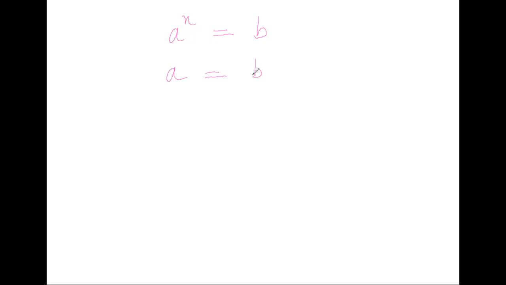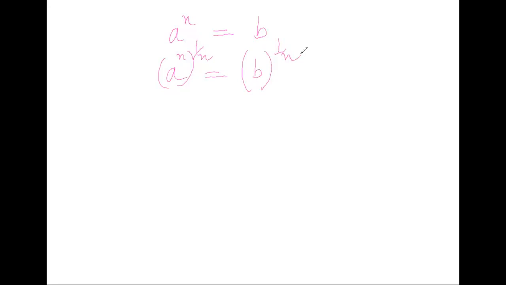Okay, suppose you are unable to tell this. How will you do this? We will cancel out n. See, we will cancel out n. How can we cancel out n? There is a technique. We will take power 1 over n. Now n will cancel out. But we cannot take only one side. We have to take the other side also.